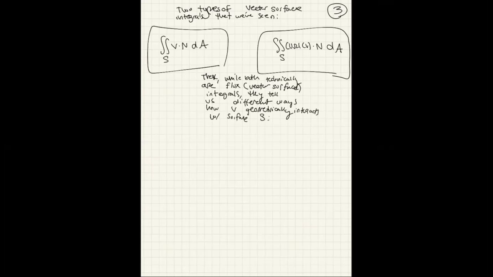Okay, so on the left, this is a number. This is some number if we actually computed it. And what does that number describe?